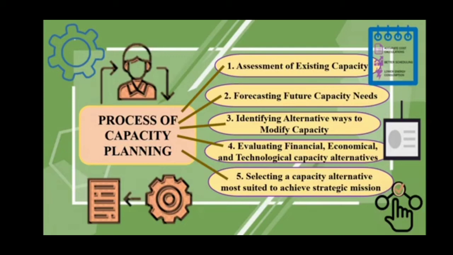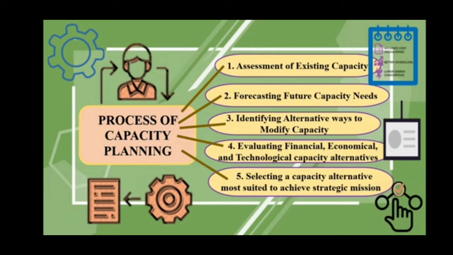The fourth one is evaluating financial, economic, and technological capacity alternatives. Various alternatives for capacity expansion or reduction are evaluated from economic, technical, and other viewpoints. Reaction of employees and local community should also be considered.